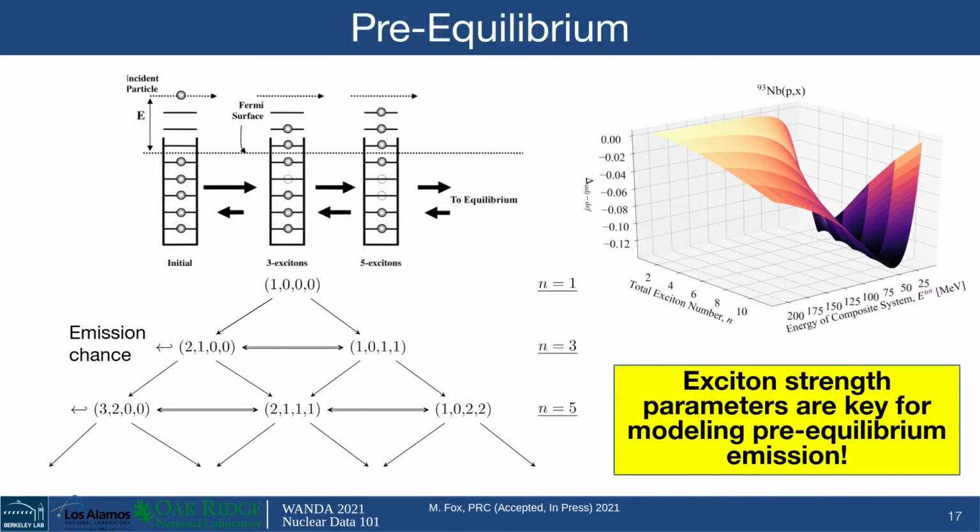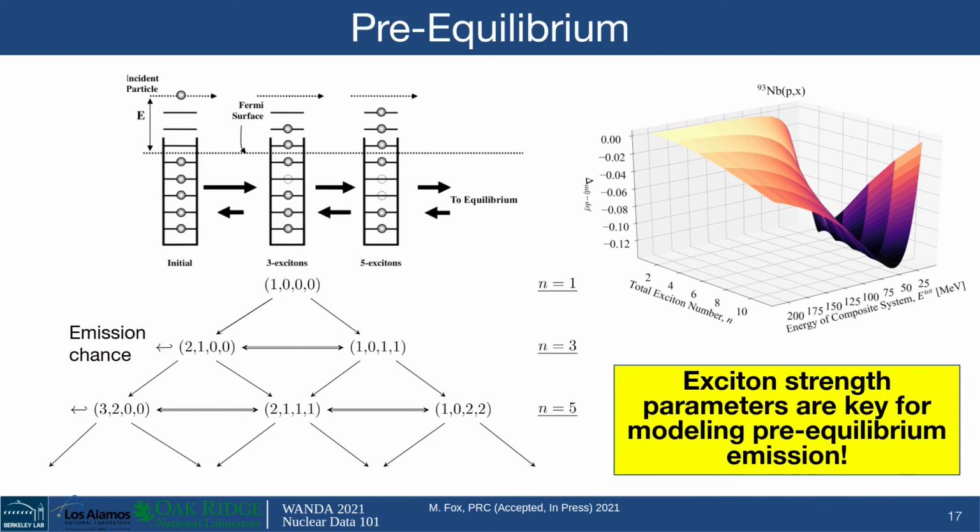One other vitally important aspect of reaction modeling is that of pre-equilibrium particle emission. These pre-equilibrium reactions are often modeled quantum mechanically as a multi-step process using an exciton model. In the exciton model, the incident particle can be imagined as, step by step, creating more and more complex states of the compound system, and gradually losing its memory of the initial energy and direction.